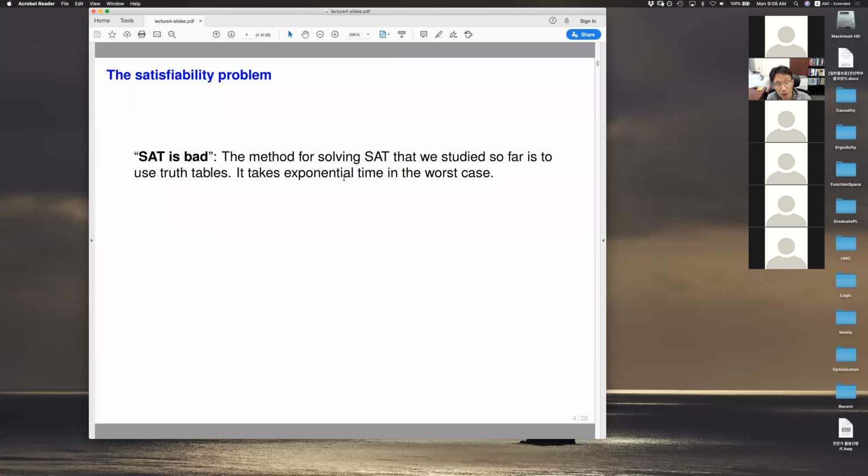If you have 5 propositional variables, the size of the truth table is going to be 2 to the power of 5, and that number will grow exponentially as the number of variables increases. So the truth table method is going to take exponential time in most cases.